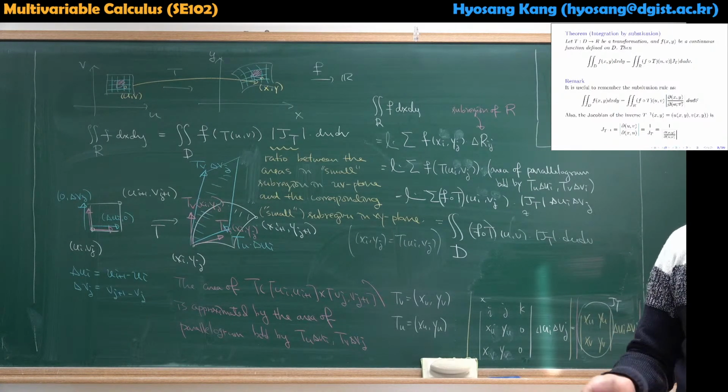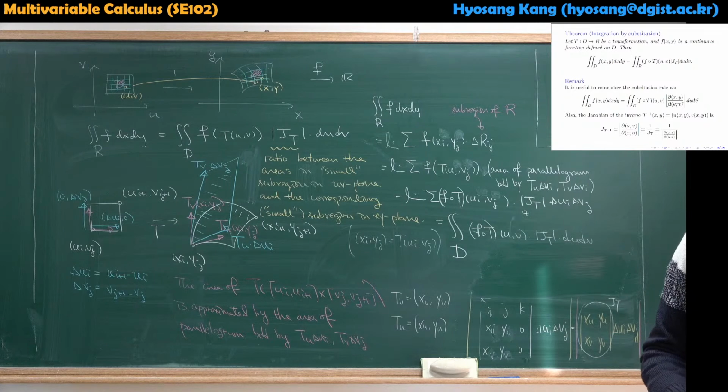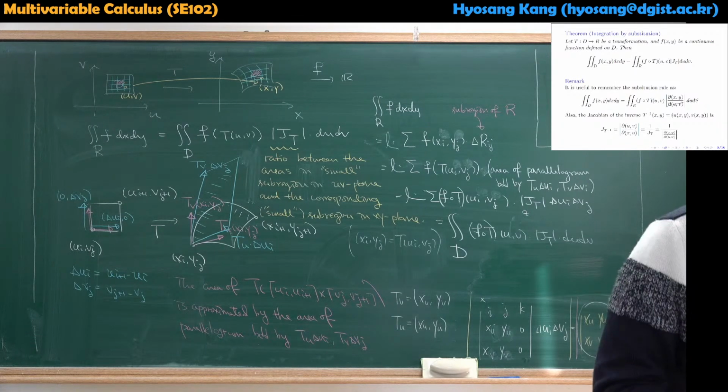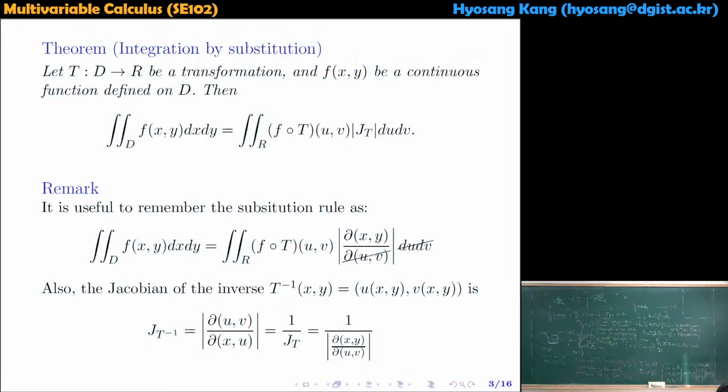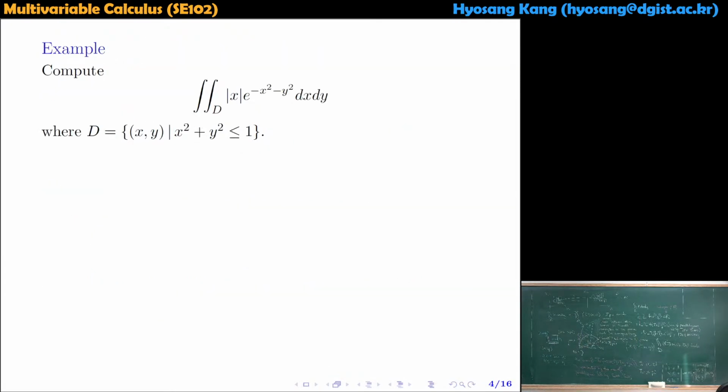You have to understand why this works. So even though we are going very slowly, I'm going to explain in more detail on the next slide. If you have any questions, please ask any time.